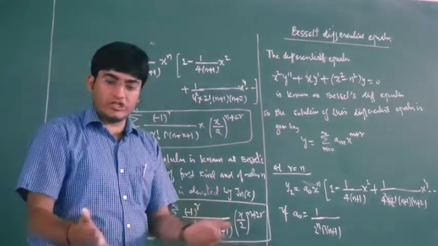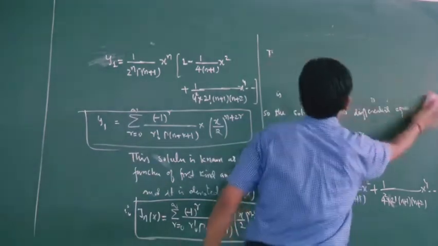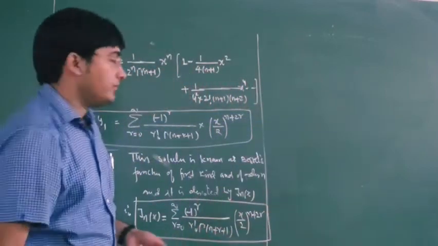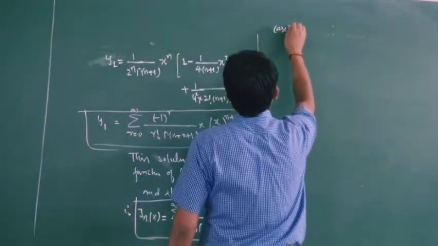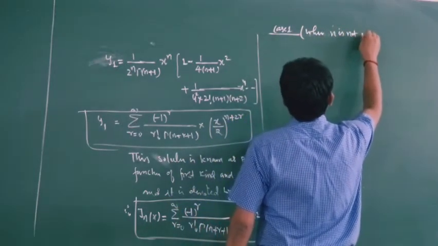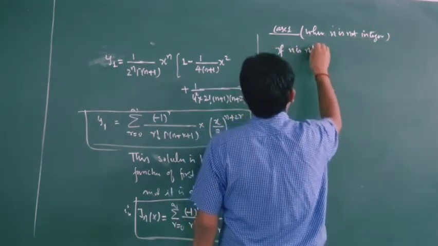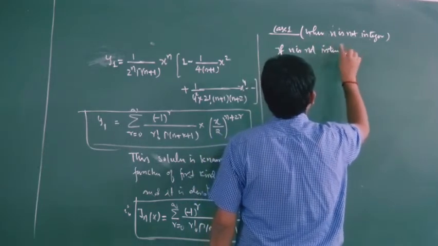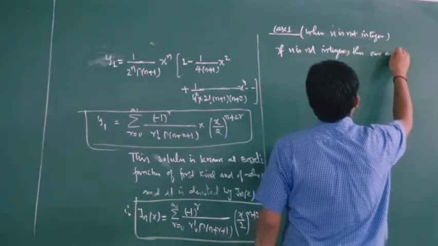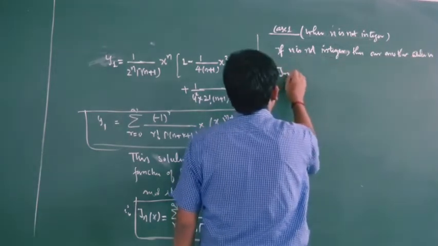Now case 1, when n is not integer. If n is not integer, then another solution will be J minus n.